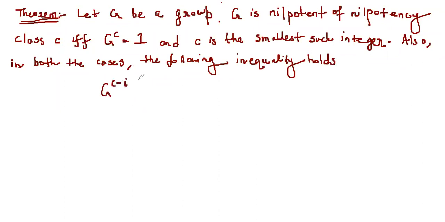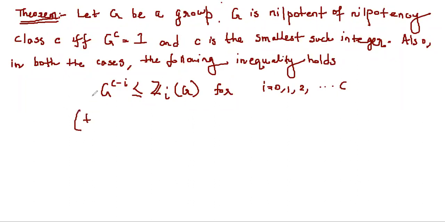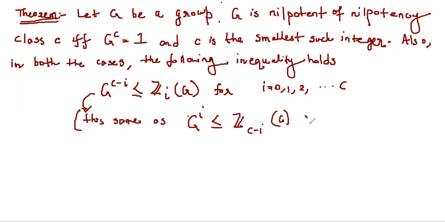G_{C-i} is a subgroup of Z_i(G), for i equals 0, 1 to C. And this is the same as writing G_i is a subgroup of Z_{C-i}(G) for all i from 0, 1 to C. So both are the same. Okay, so let's try to prove it. So proof.